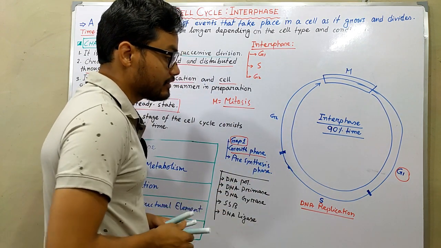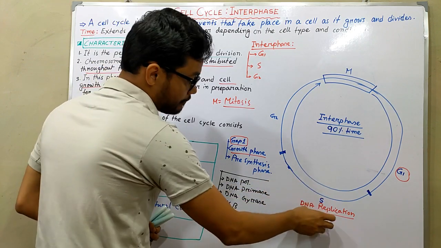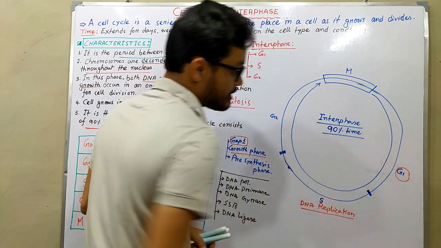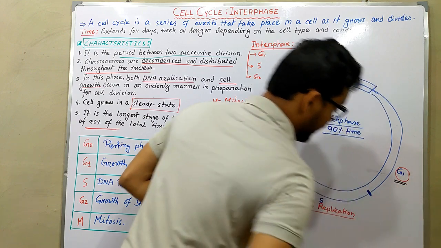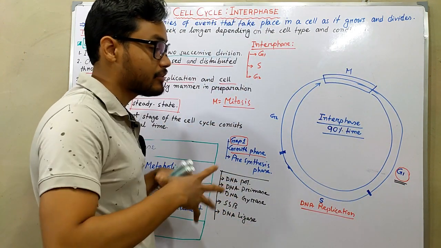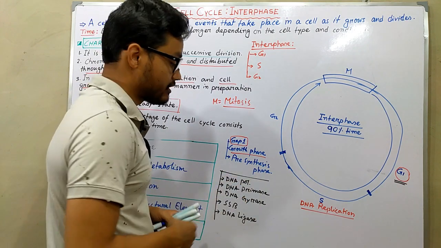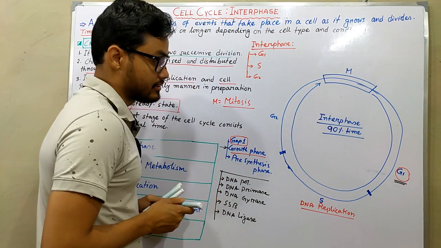Those molecules are synthesized in G1 phase. That is why in this phase the cell grows, its volume increases, and the cell is larger than before. So this phase is known as growth phase.